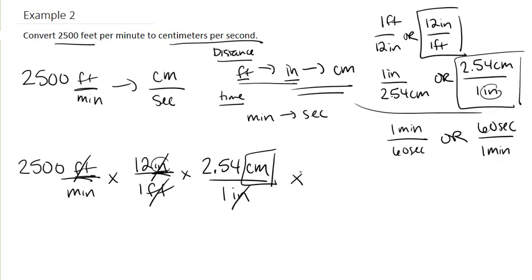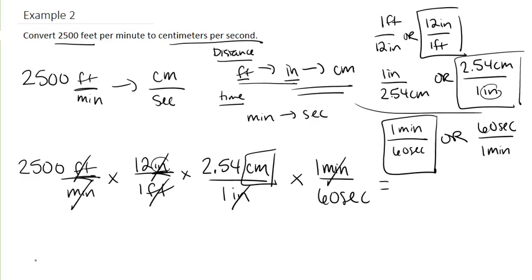Now let's go to our time, because we've dealt with distance. So we know 1 minute is equal to 60 seconds. We used this one because we need to get rid of minutes, so it needs to be on the top.